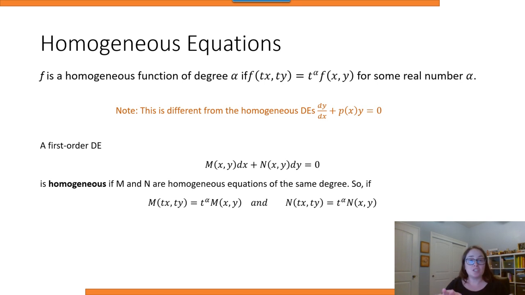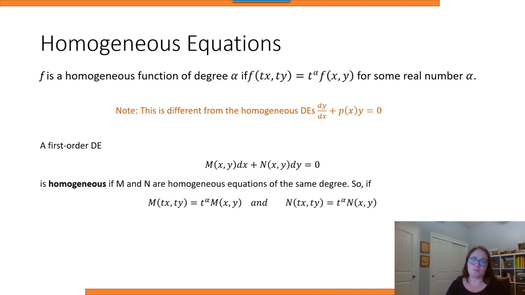A homogeneous function in general, or equation, not even a differential equation, just any equation, we would call homogeneous if, when I replace x and y in the function with tx and ty, I'm able to factor out a power of t from the entire equation.